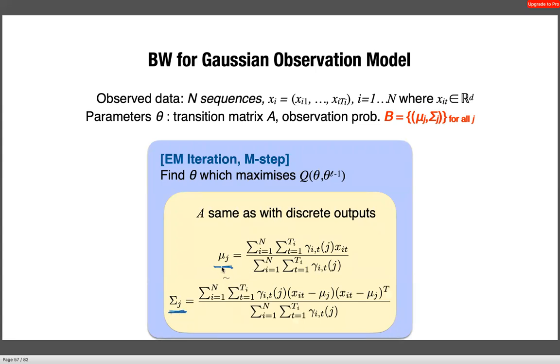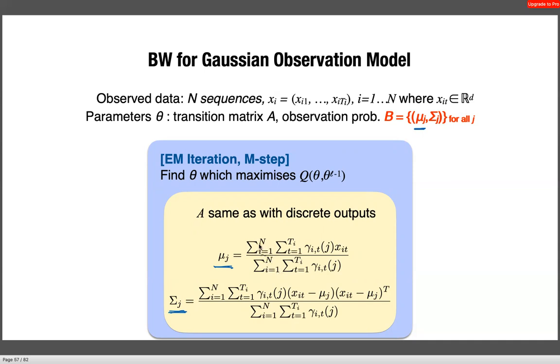So here mu j, I'm looking at one entry in the mu j mean vector. This is capital mu j. And here I'm looking at one entry. So it's essentially a sum over all x_it. The outer summation is for completeness' sake, just to make the notation simpler to understand.